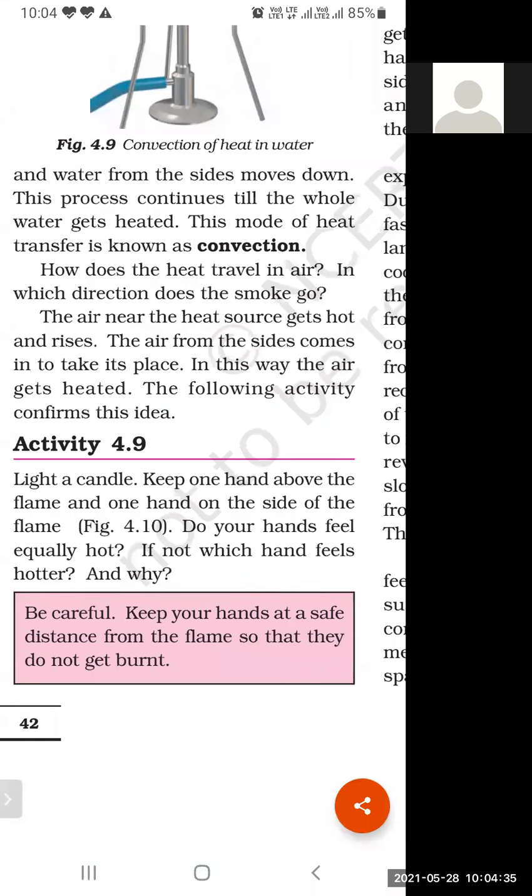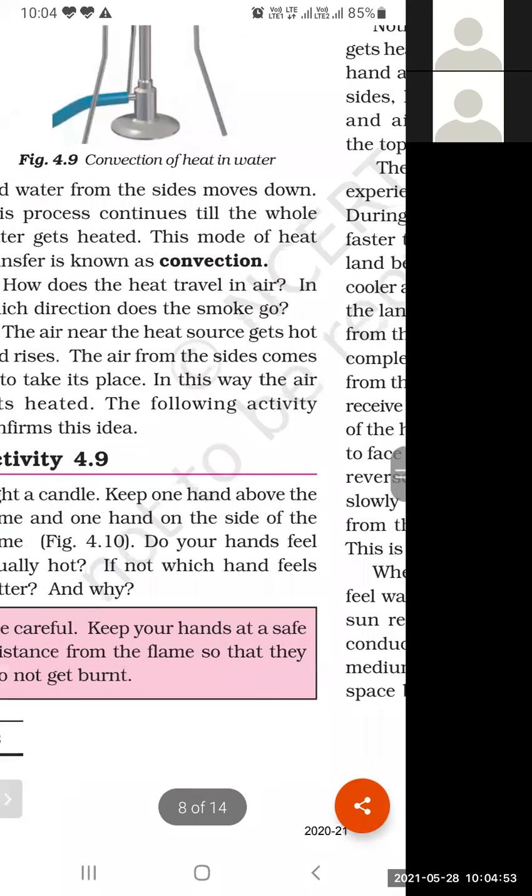How does this happen? Note which hand feels hotter and why. Be careful. Keep your hand at a safe distance from the flame so that they do not get burnt. This is the precaution you have to take.